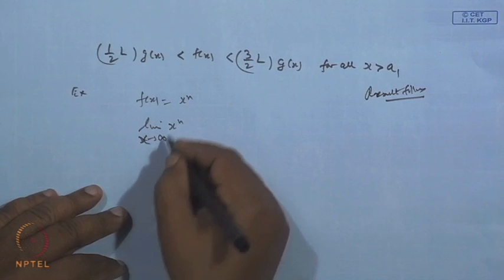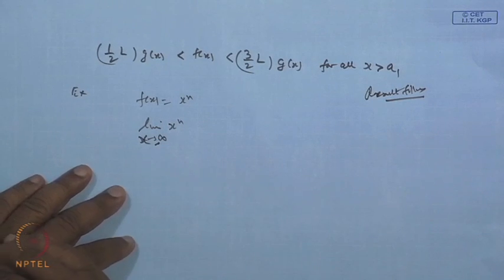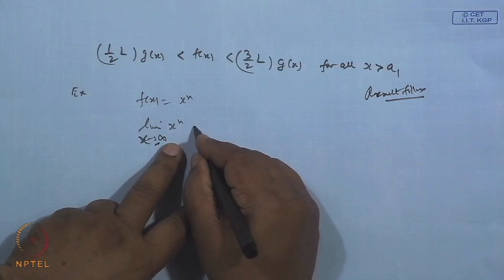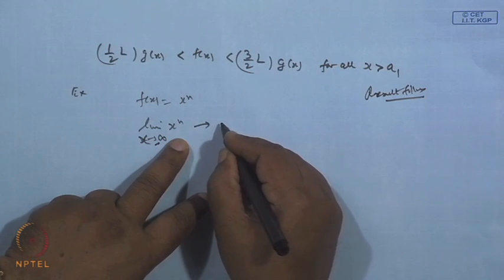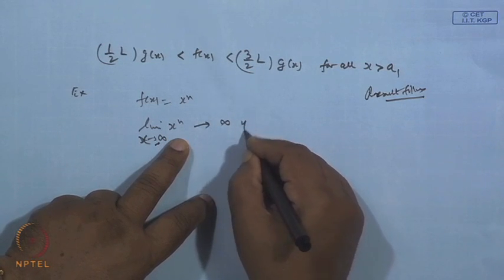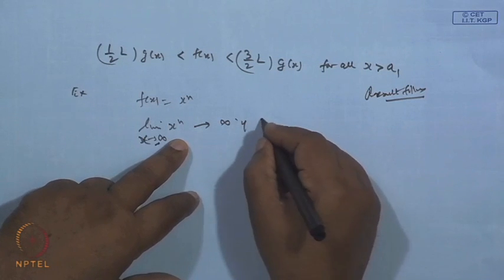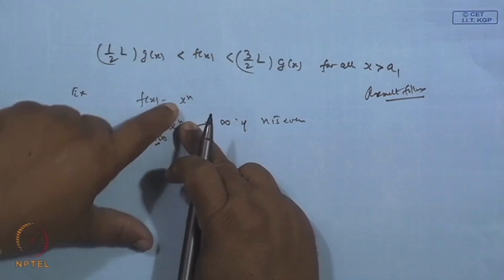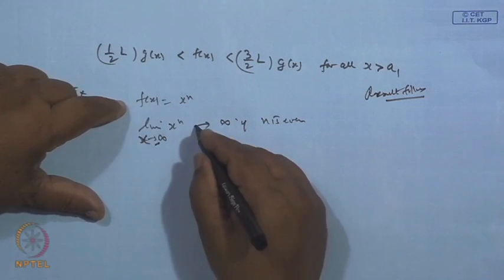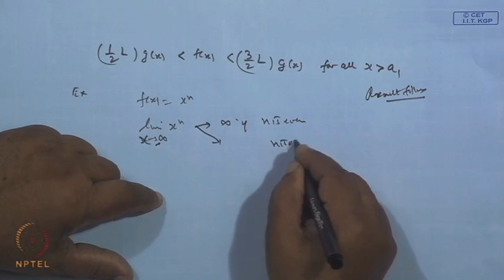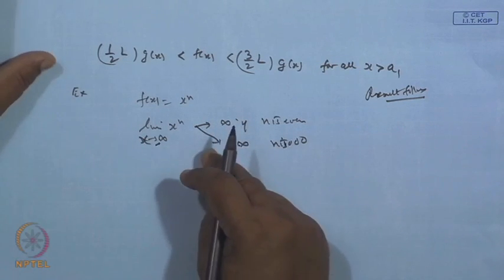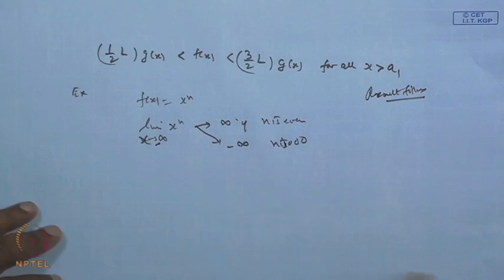If x tends to minus infinity, then when n is even, this will go to plus infinity, because x is tending to minus infinity but n is even. And when n is odd, this will go to minus infinity.